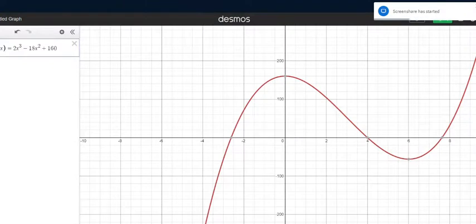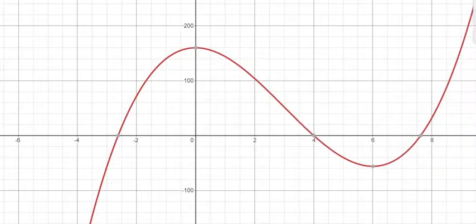All right, there's my graph again. And you can see that the maximum actually occurs right there. Now, I don't think that one's very realistic. Hang on. Did I mess something up here?